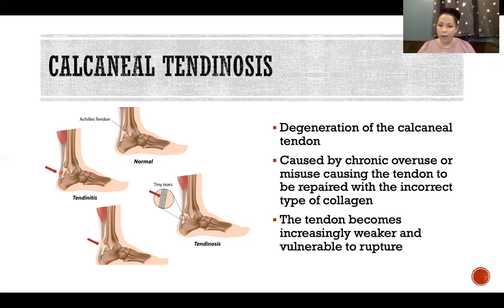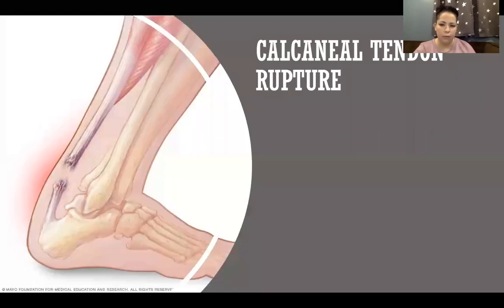So a person might not know they even had a problem in their calcaneal tendon. They might not know there was any tendinosis until it actually ruptures, and it turns out that it had been degenerating and was weakened, which caused them to have a rupture when exposed to totally normal forces that they should be able to tolerate.